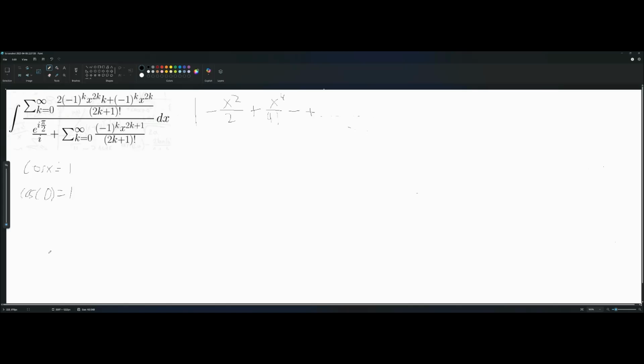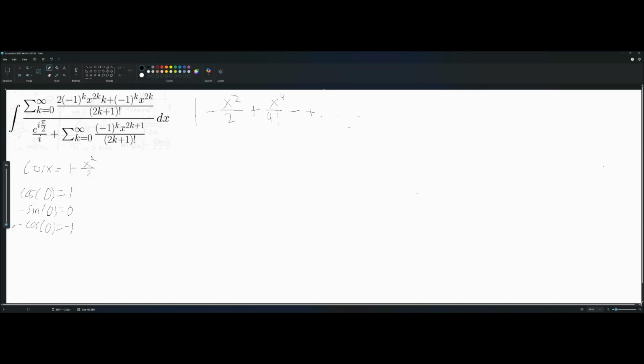The derivative of cosine is negative sine, and when we evaluate that at 0, that equals 0. So plus 0 multiplied by x; this term will go away. Now we take the derivative again and get negative cosine of 0, which is equal to negative 1. When we evaluate that, we get negative x squared over 2.